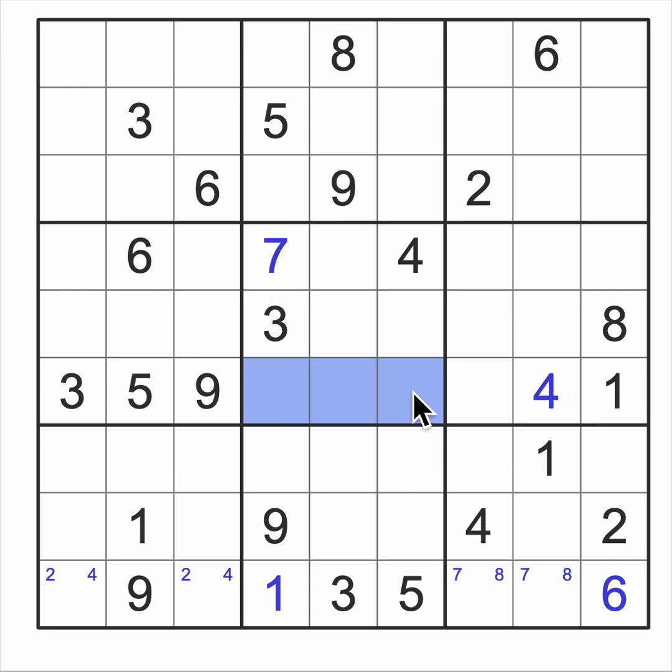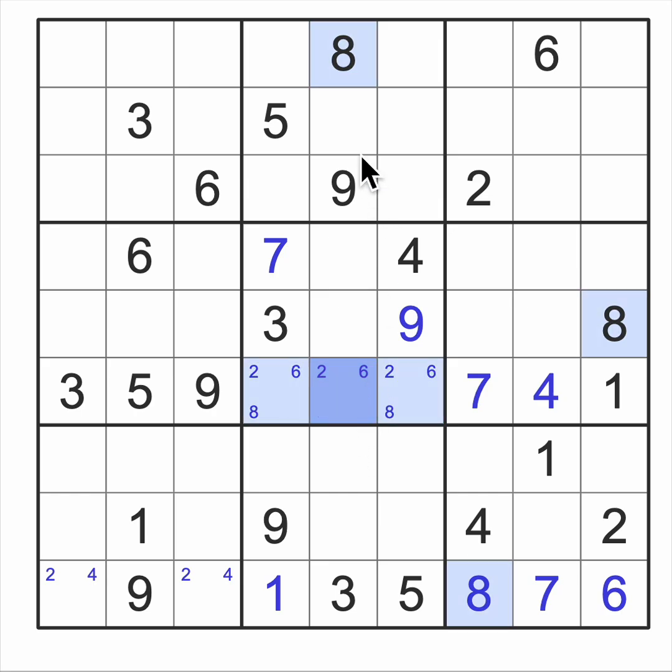And now this 7 blocks these, so 7 comes in here. And now this 9 blocks these, gives me 9 here. And this 7 has made this cell 8, and that means this is 7. And now I know 3 numbers I'm going to use for these 3 cells, which will be 2, 6, and 8.